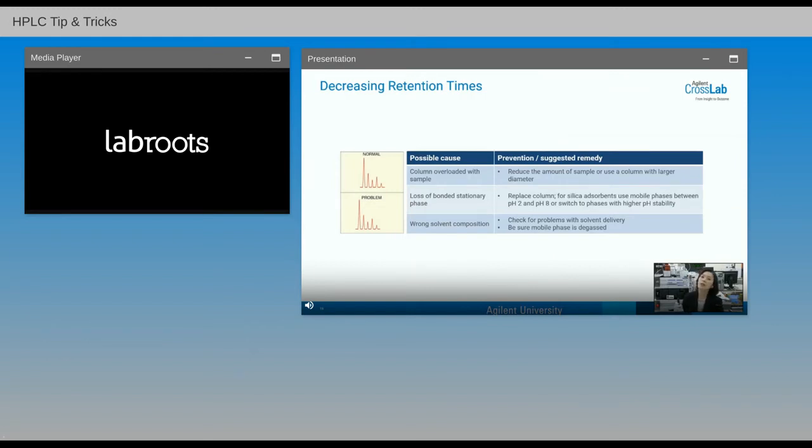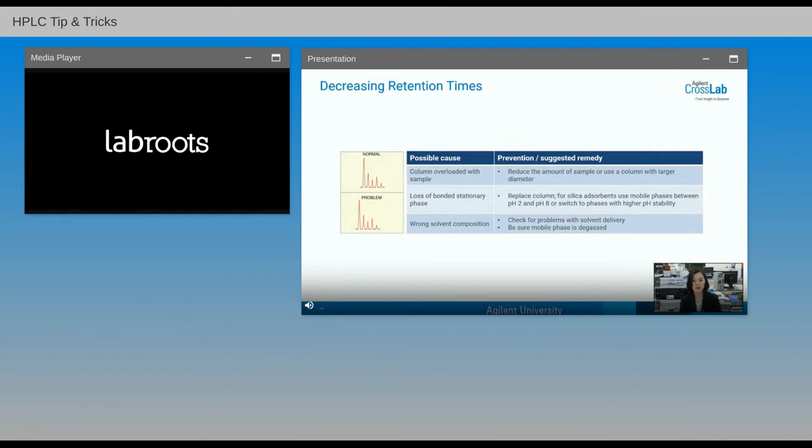Here is a further illustration based on the three groups: decreasing retention time, not consistent, or even increasing. So what could be the possible cause? When retention time decreases, a possible cause could be that the column is overloaded, so you may want to reduce the amount of sample to see whether it helps.